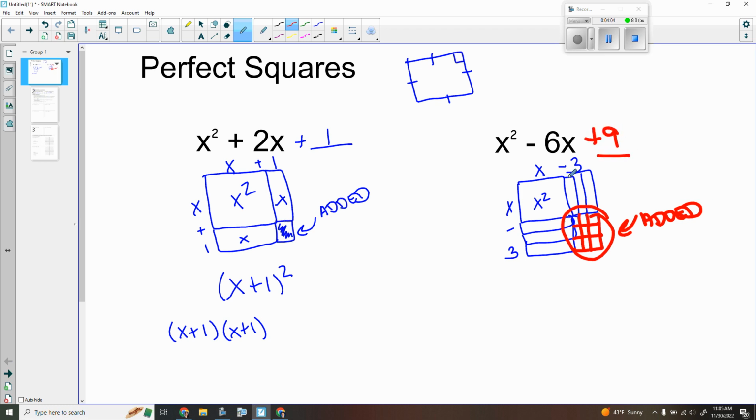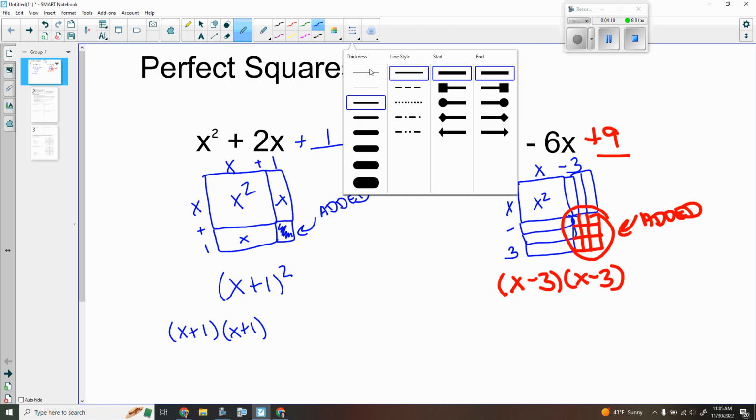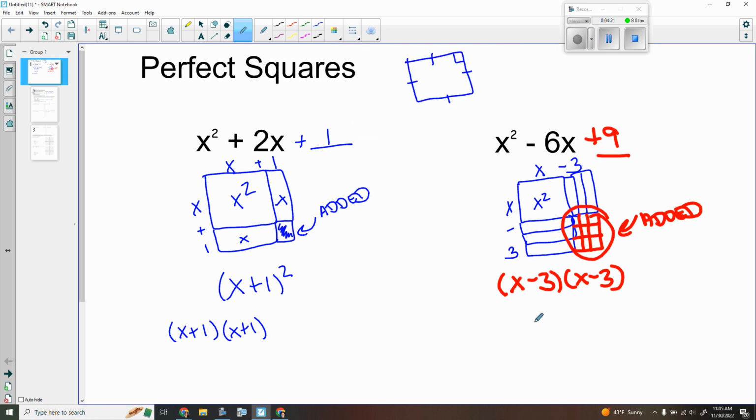It doesn't matter that these were a negative 3x here, because negative 3 times negative 3 is still positive 9. So x minus 3 times x minus 3. As a perfect square, this can be written as x minus 3 squared. But remember, we had to add that 9 in order to make that into a perfect square.